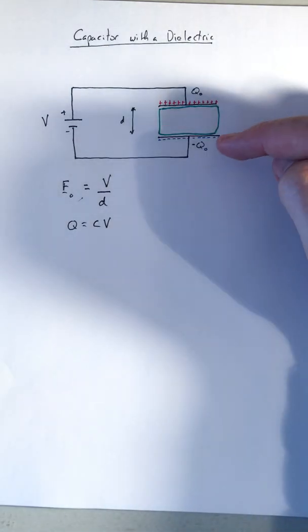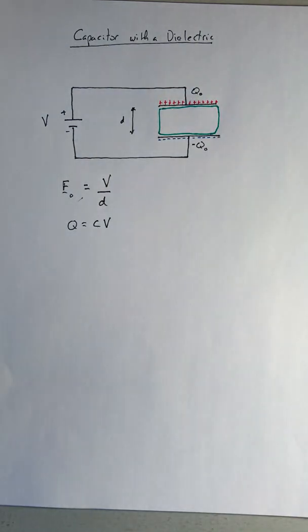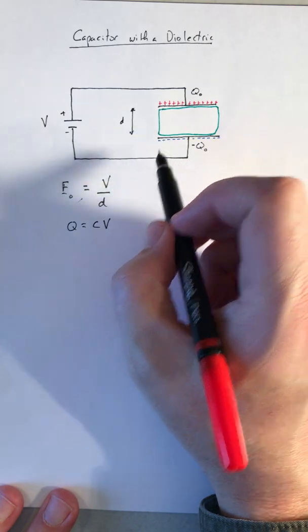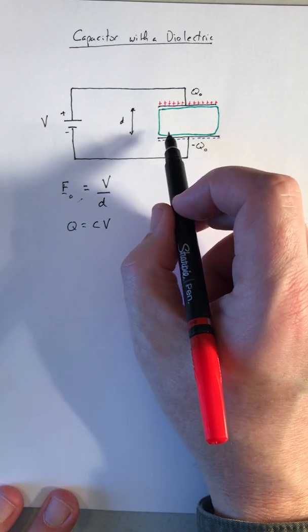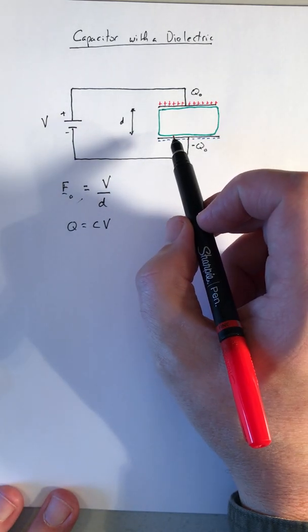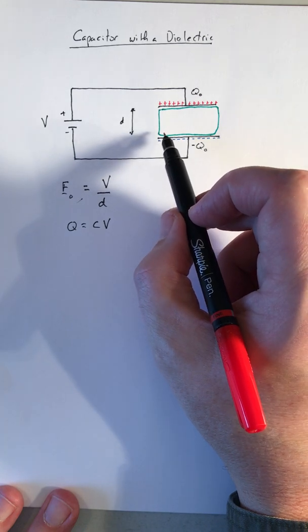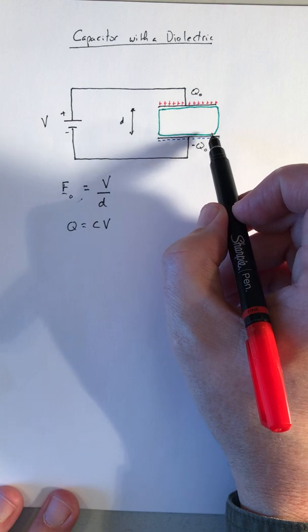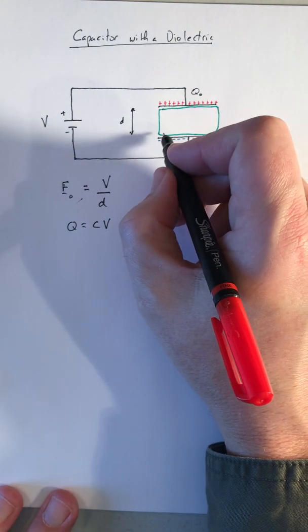The molecules that make up this dielectric are going to rearrange themselves, rotate, if you will, so that you have a net positive surface charge on the part of the dielectric that's closest to the negative plate.